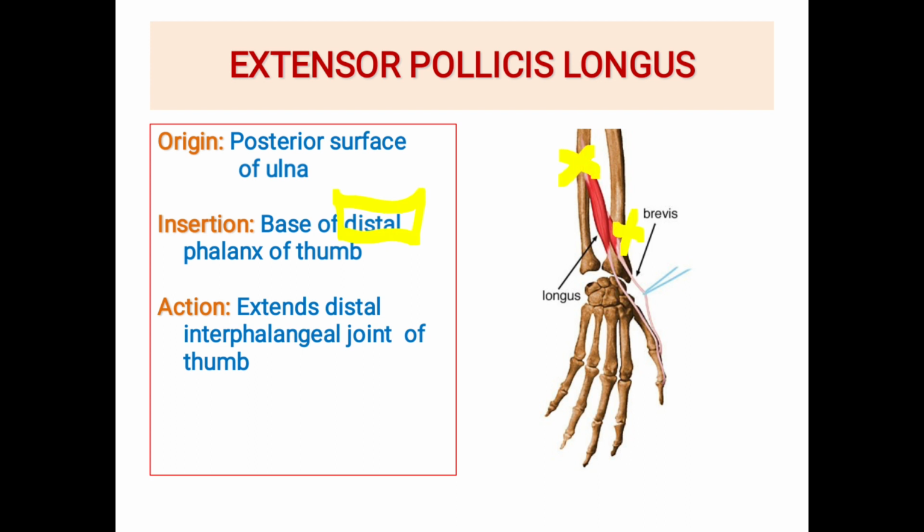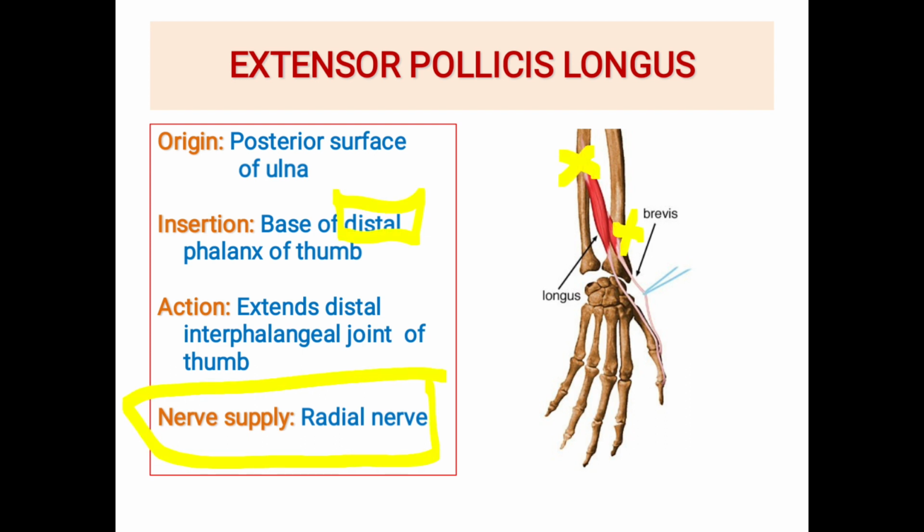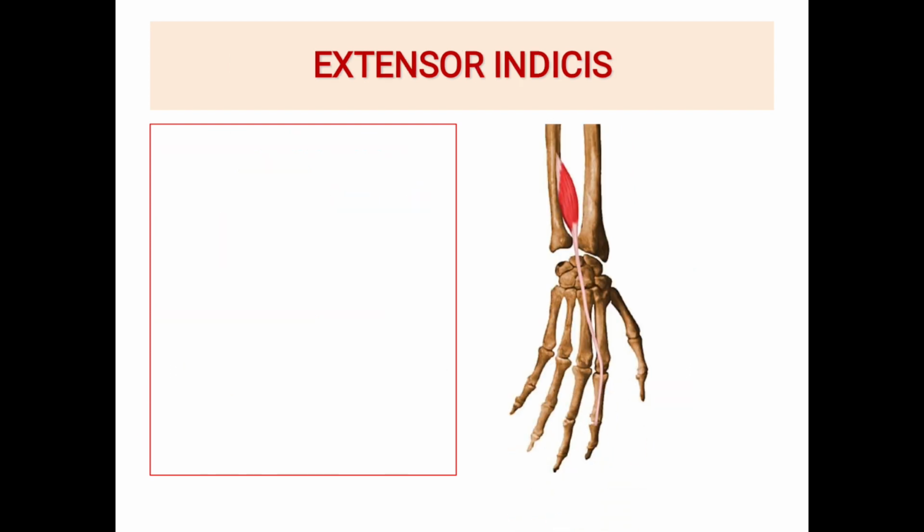The brevis is the proximal phalanx. That's the contrast. Both of them extend the thumb, and the longus also extends the interphalangeal joint. Again, radial nerve because all of them are supplied with the radial nerve.